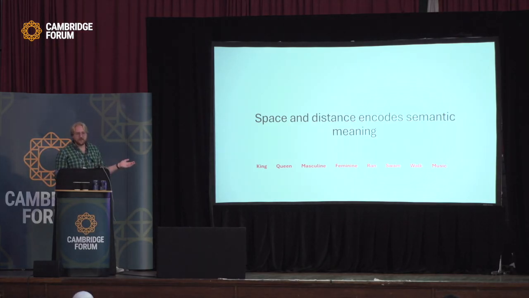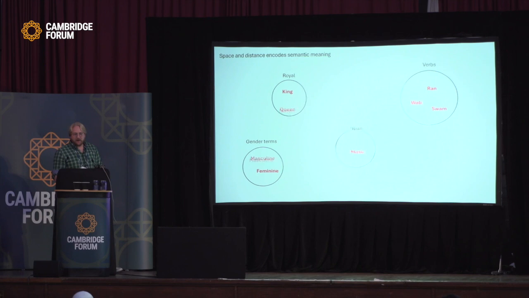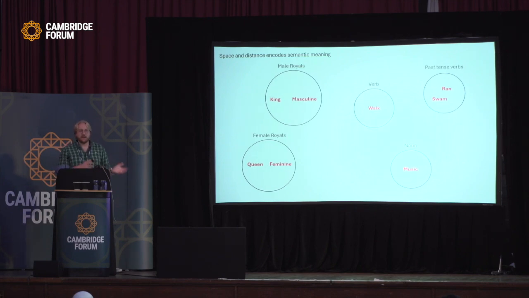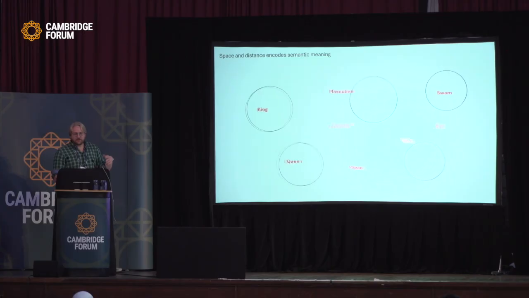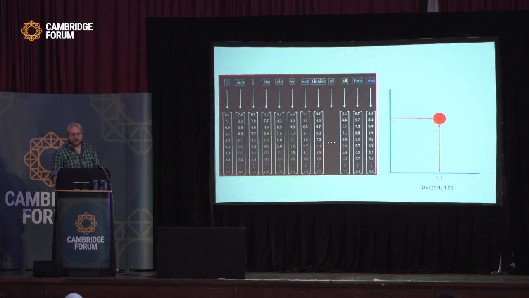So in the case of these words, we have king and queen, royal, masculine and feminine, gender terms, a noun, music, verbs, ran, walked, swam, but these can change, so you could have king goes with masculine, queen with feminine, past tense verbs. We could then, if the model has any understanding of the band Queen, it might put queen with music. And so this is all about how large language models can understand the relationships between different words.